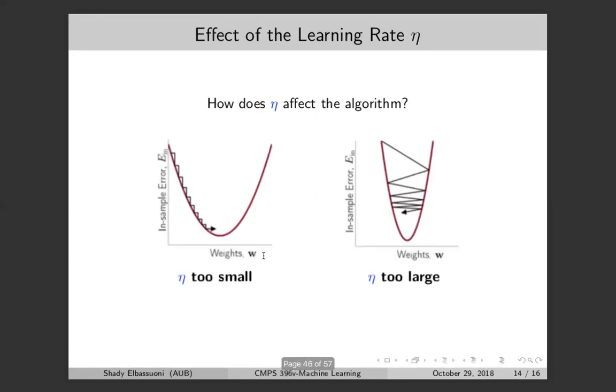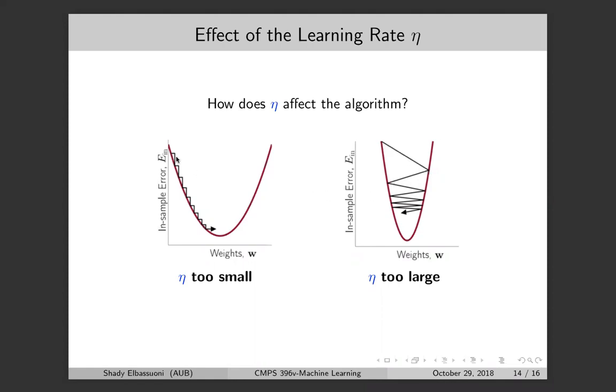Okay. So when eta is too small, that's the step I'm taking, the learning rate. When eta is too small, I'm taking very small steps in the right direction, but very small steps. Versus when eta is large, on the right hand side, I'm taking very large steps, so I overshoot.